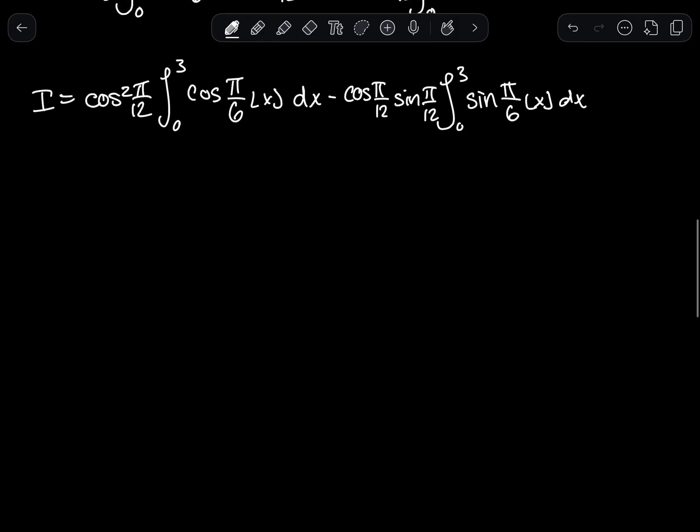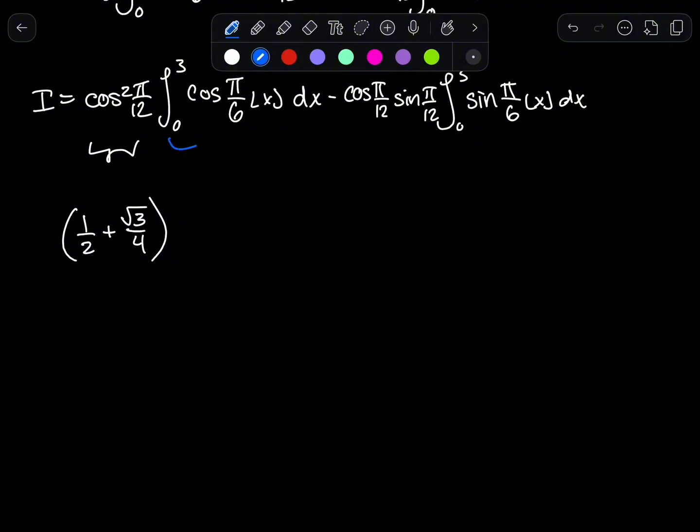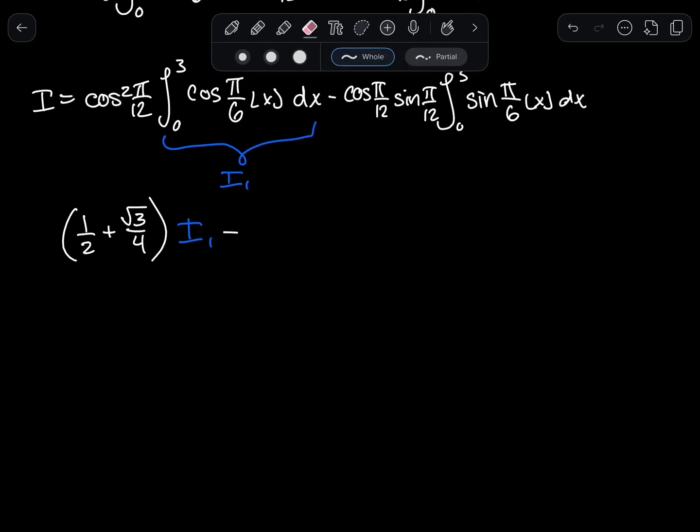Okay, so now we just have to integrate floor functions, which is not too bad. Actually, the first thing I'm going to do is simplify cosine squared of pi over 12, so that would just be 1/2 plus root 3 over 4 times the integral. We'll call this I1, and I'm going to color code them, with I1 in blue.